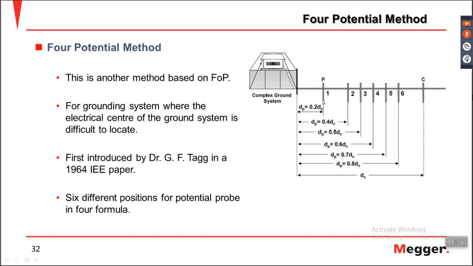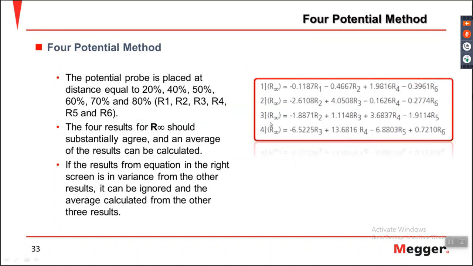Same as delta star, I think, six measurements. From those measurements, you get R1, R2, R3, R4, up to R6. The four results for R infinity should substantially agree, and the average of the results can be calculated. So again, you need to put all six measurements into this formula.